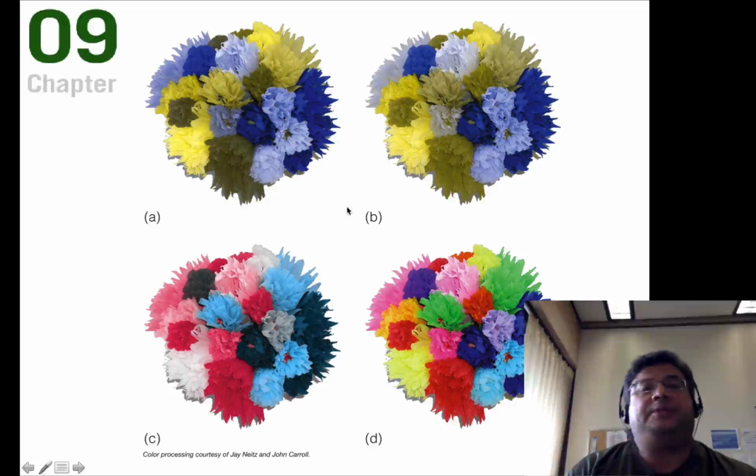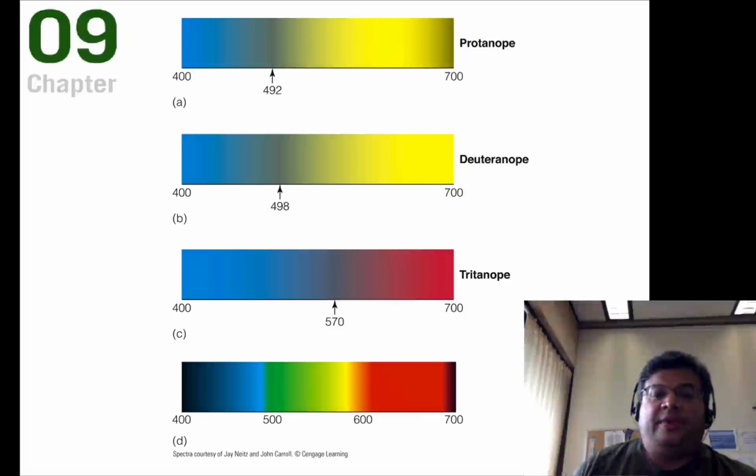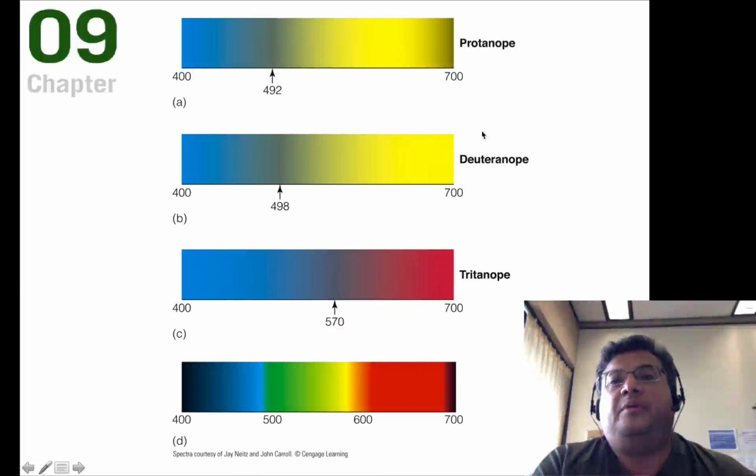So these are the different types of color blindness that you're going to encounter in the wild, right? And once again, we have a picture of the neutral points here. So the neutral point for a protanope and a deuteranope, right? Notice that these guys here, their tipping point, or their neutral point, I should say, is a little bit higher in wavelength than the protanopes.